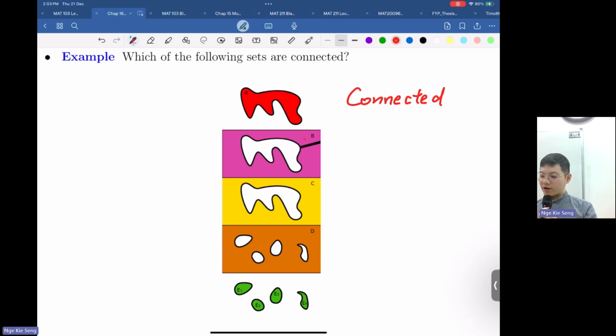The black line means you cannot pass through it. If I pick one point here and another point here, can I walk through? Yes, I just need to walk a longer path. The white area is the complement. Okay, the second one is still connected. How about C?